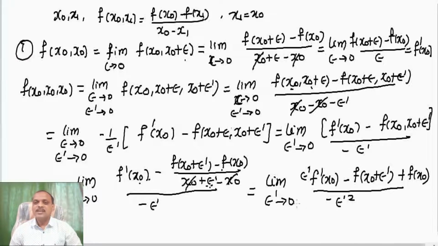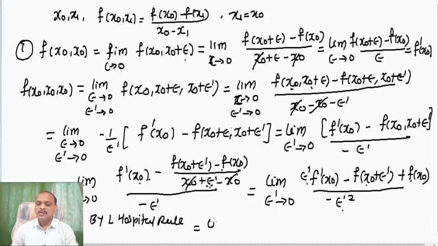Now whenever we apply the limit epsilon dash tends to 0, in the numerator f of x0 plus f of x0 minus f of x0 will be 0, and the denominator is 0. Again we have an indeterminate form. So friends, we apply L'Hospital's rule, that is, the derivative of the numerator and denominator separately. By L'Hospital's rule, this is equal to limit epsilon dash tends to 0.